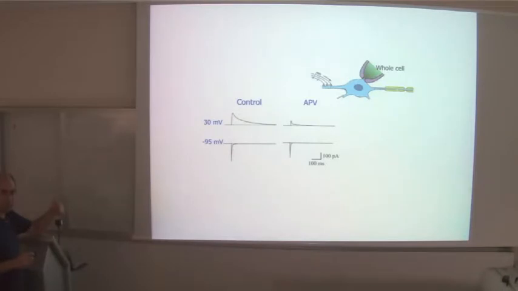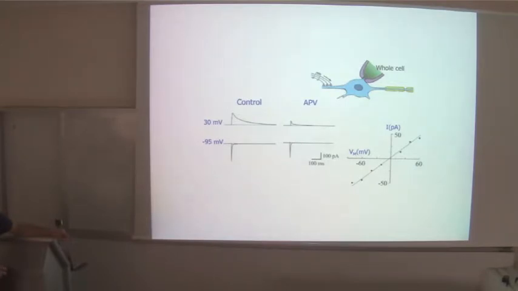Okay, and then the current actually goes out. You get a reversal in the direction of the current. So somewhere between minus 95 and plus 30, the synapse is reversing the direction of the current. Okay, and we find that by plotting the change in the voltage as a function of the current.